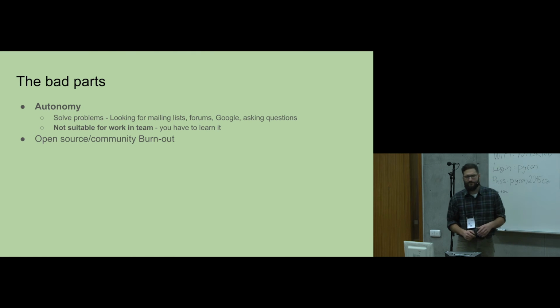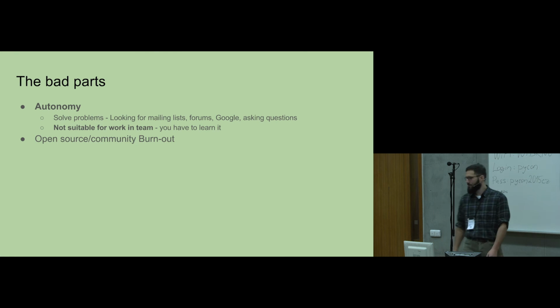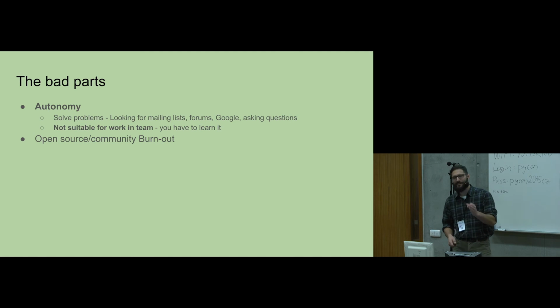But there are some bad parts too. Autonomy. The first, this is actually good, right? Because writing open source teaches you how to solve problems, how to look in the forums, how to Google, how to ask questions. I actually started when there was no Stack Overflow either. But this skill is great as long as you are alone.